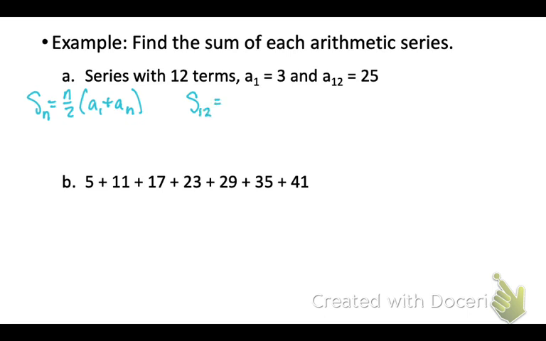Equals n over 2, so 12 over 2. You divided by 2 already, and then we're going to divide it again. a sub 1 is 3, plus a sub n, 25. So it's going to be 6 times 28, which is going to be what?